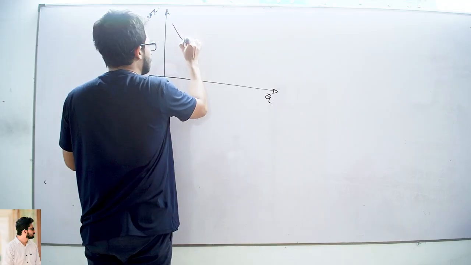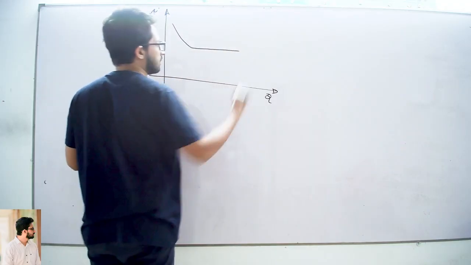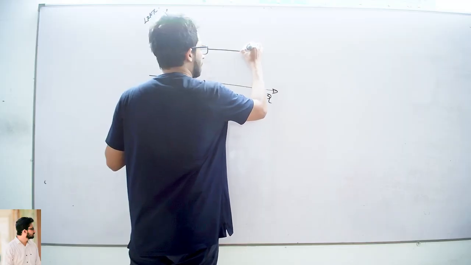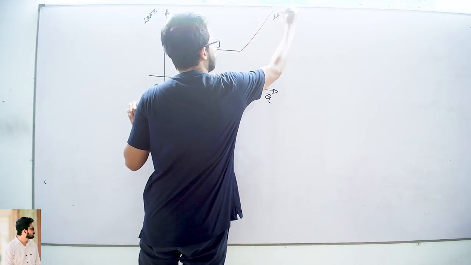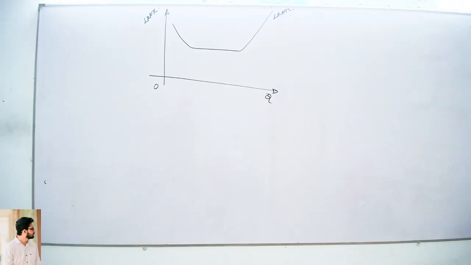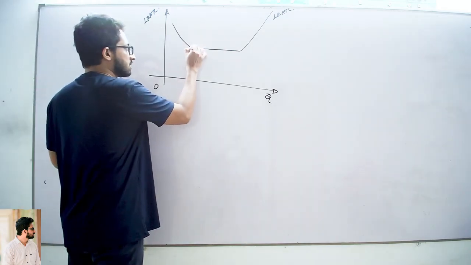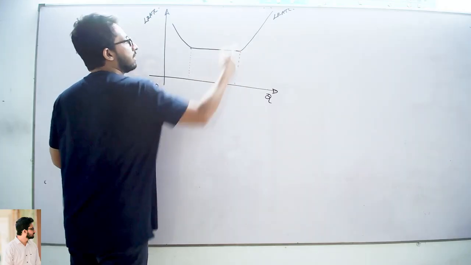Initially, it falls like this. Then it remains constant. If we increase the output further, LRATC starts to increase. This is the shape of the long run average total cost curve. Here we can see mainly there are three stages. This is the first one, second one, and third one.